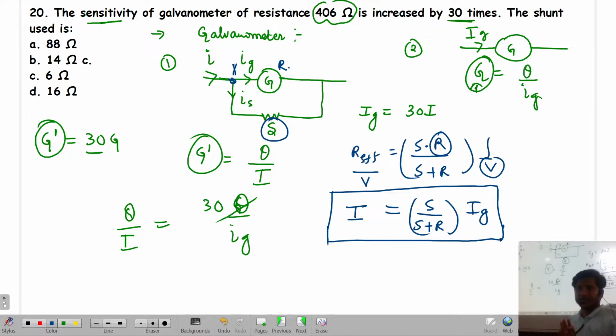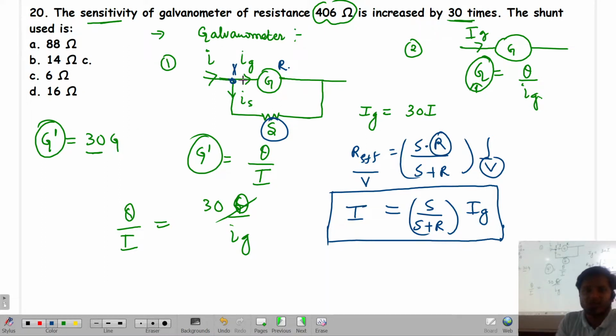Are you able to understand? Two processes: one deflection formula, another formula for the shunt. Remember that if I add the shunt, the deflection will either decrease or increase. Here it is telling increases by 30 times. So I have written that new G prime is equal to 30 times the initial G. Understood or not? Yes or no?